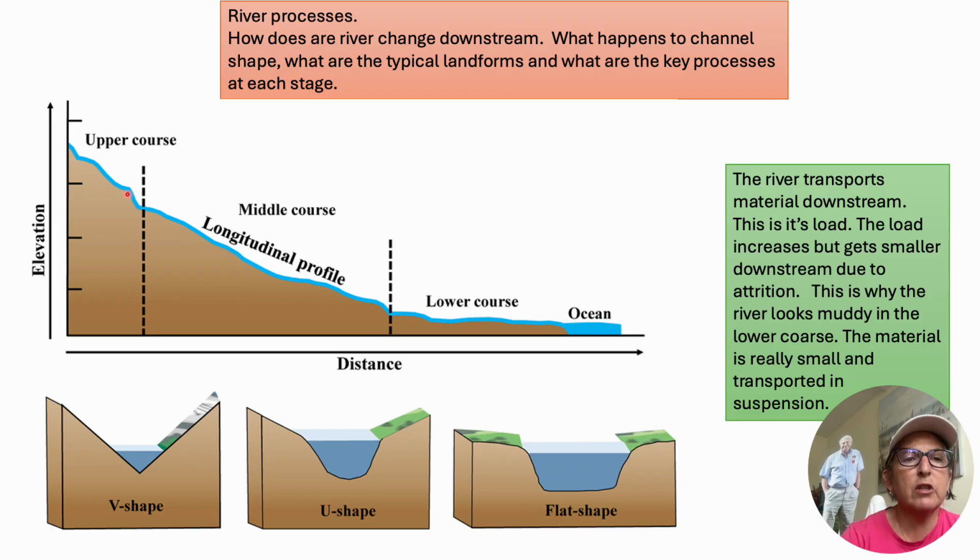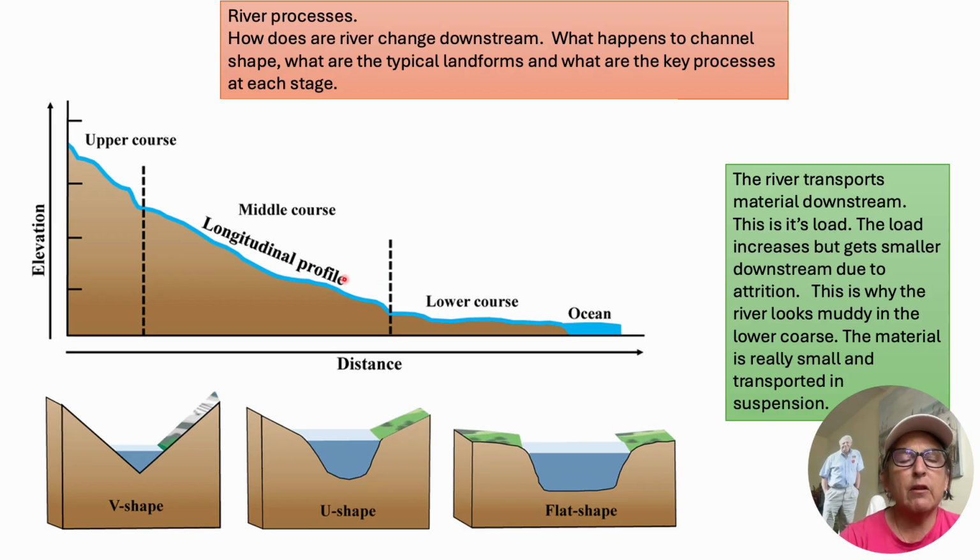And as it goes along its journey, it picks up more water, and that gives it more energy and more strength, and that's why the landforms change as you go along. So you get distinctive landforms associated with each part of the journey, the upper course, the middle course and the lower course. Okay, as the river moves downstream, it will pick up material.